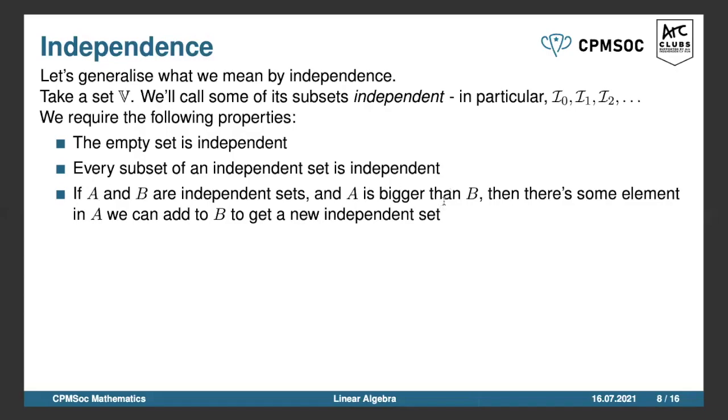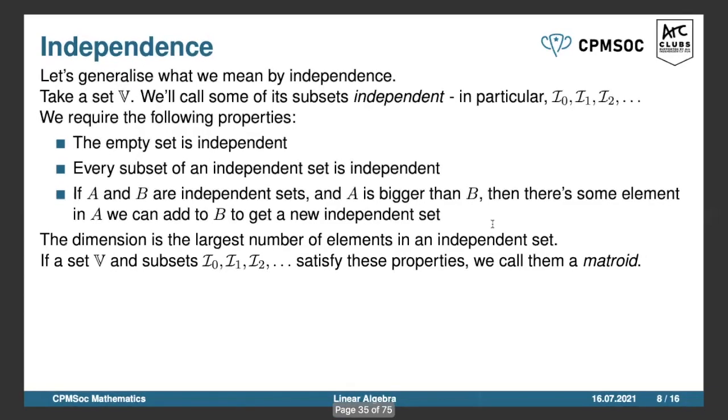Well, there must be something in A that contains a new dimension that's independent of the rest of them. And so this generalization of independence is something called a matroid.